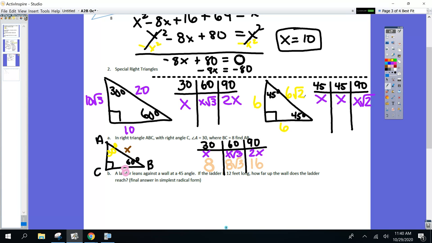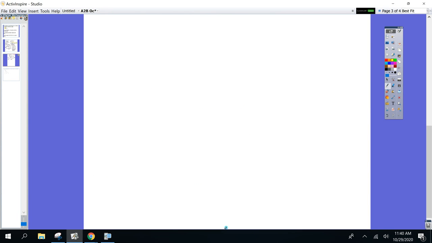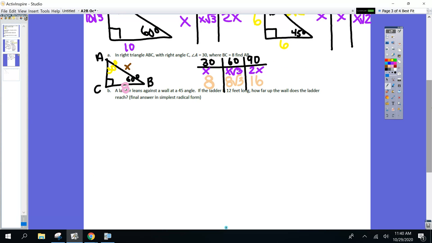Any questions before we use it on part B? Anybody want to do a diagram for me here? Part B, a ladder leaning up against the wall at a 45-degree angle. Anybody going to make an actual ladder, or should we just make a right triangle and just call it a day?